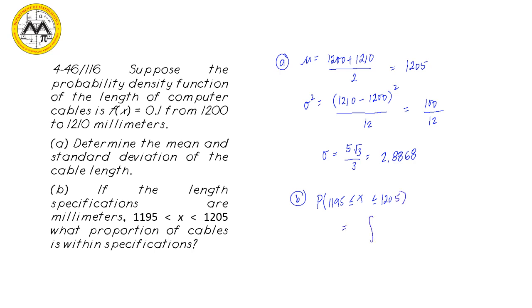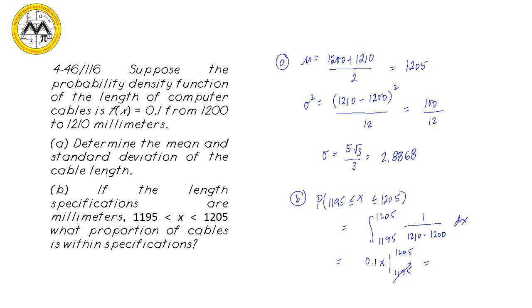So this is the integral from 1195 to 1205 of 1 over 1210 minus 1200, or you can have 0.1 dx. So this is 0.1x from 1195 to 1205.